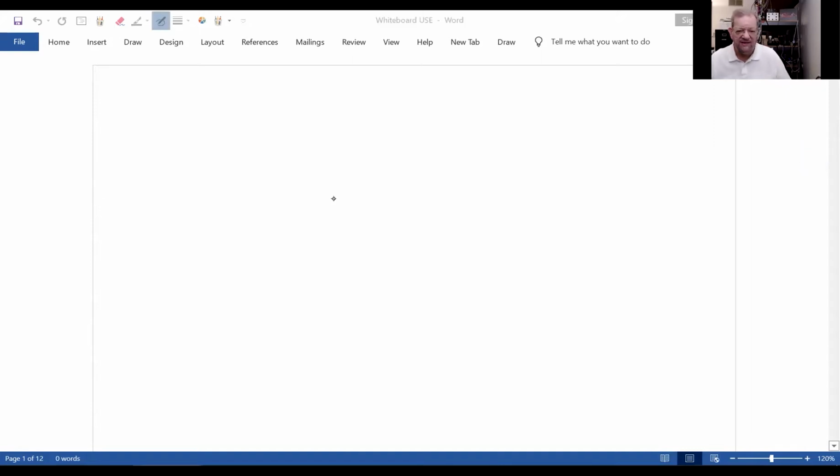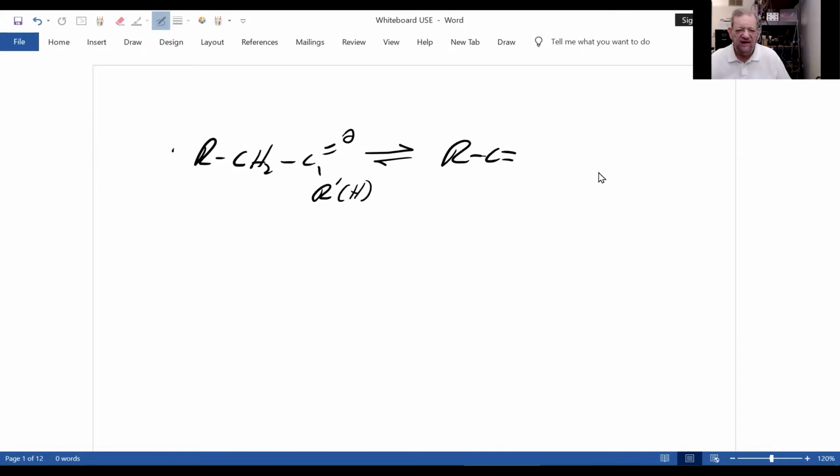For a ketone or aldehyde, you have this equilibrium, which shifts back and forth between these two forms.